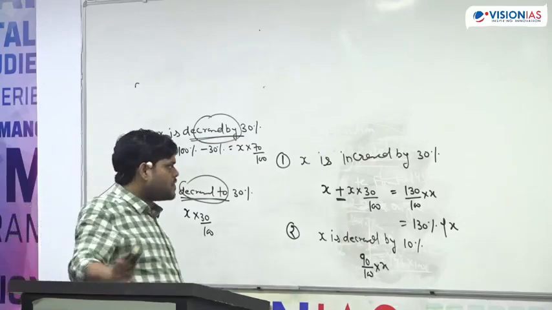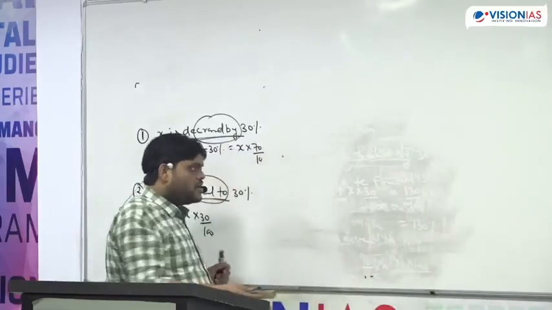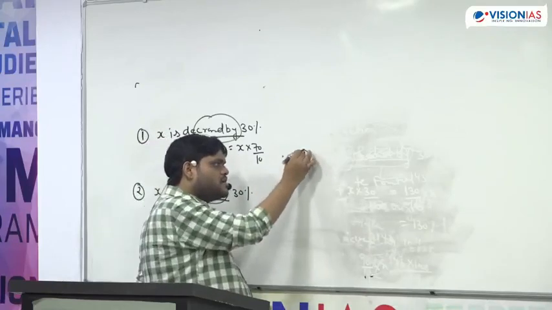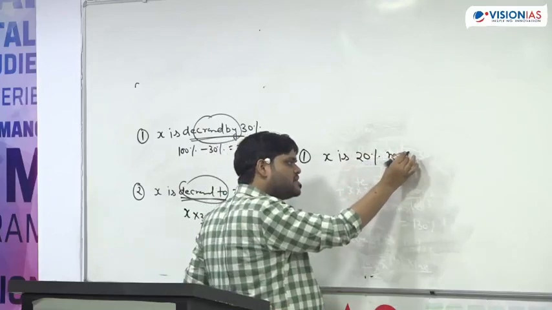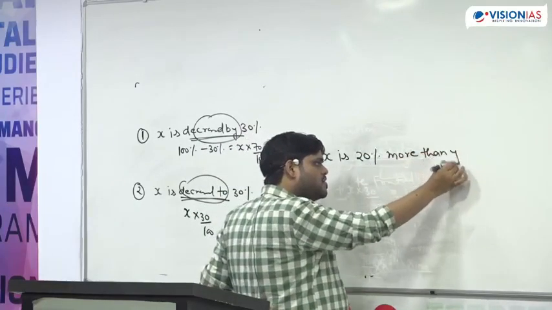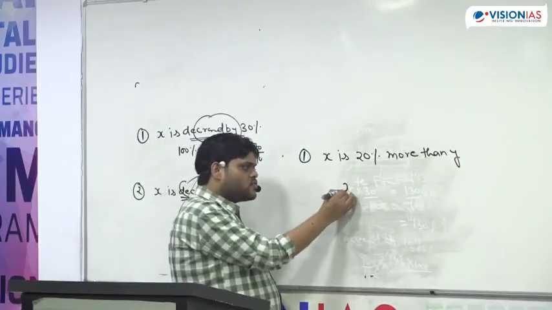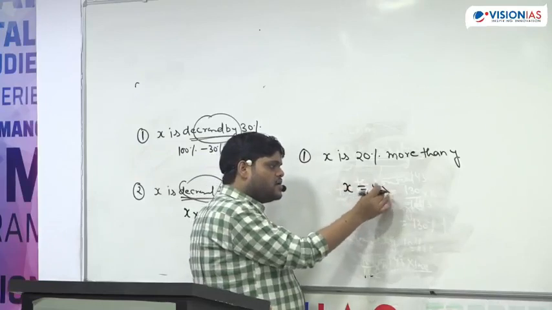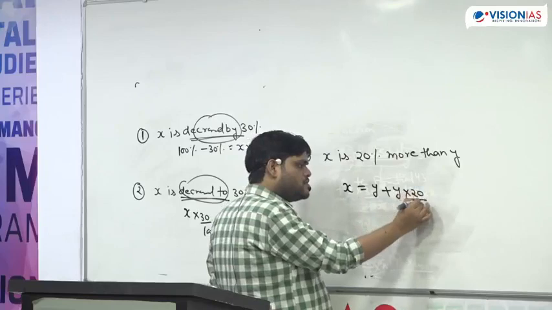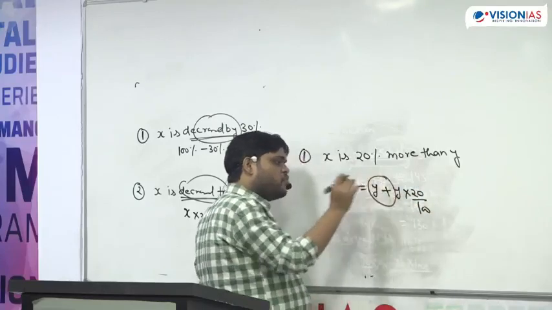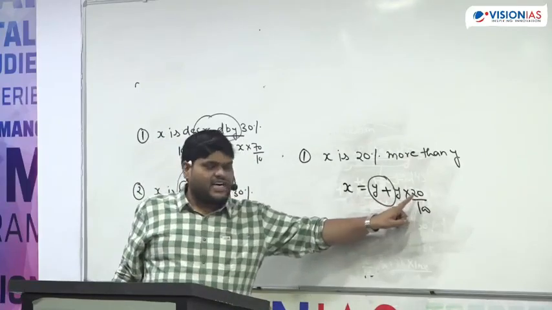Okay. Now, what is the meaning of the next sentence? X is 20% more than y. So what is the meaning of this? More than y means something is getting added. How much is getting added? 20%.